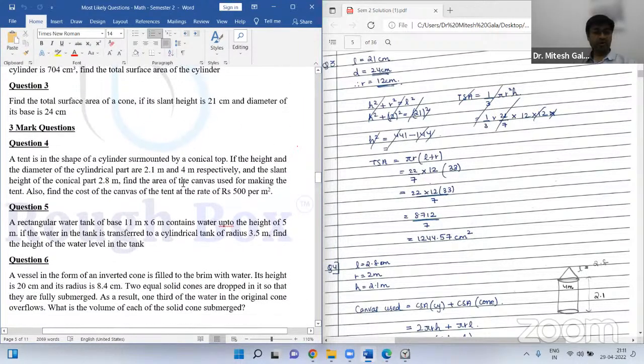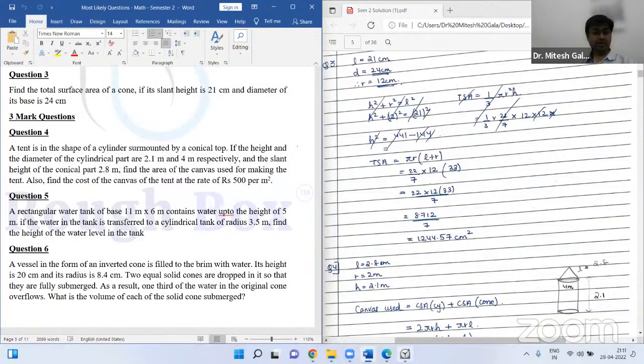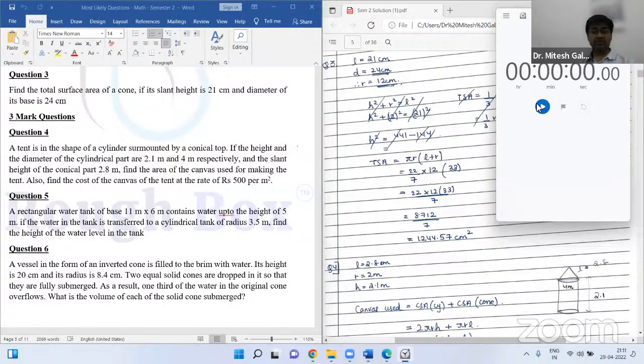Chalo, question number 4, a 3 marker question. Typical one, where they give you the circus tent, which is a combination of your cone and the cylinder. Come on, 2 minutes, you should try and get this done, everybody.